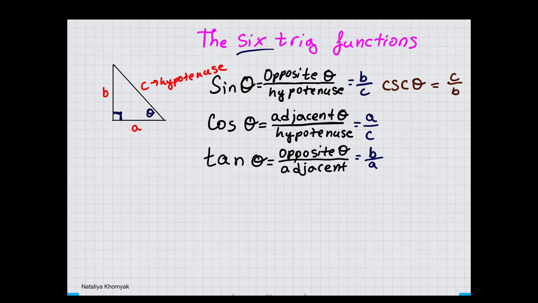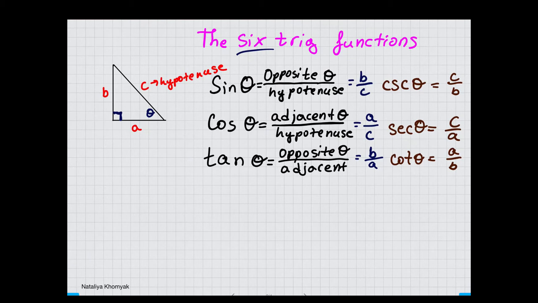And cosine has a reciprocal of secant theta, and you flip that fraction, you get c out of a. Tangent has reciprocal of cotangent. That's the easiest one to remember. And cotangent of theta is a divided by b.